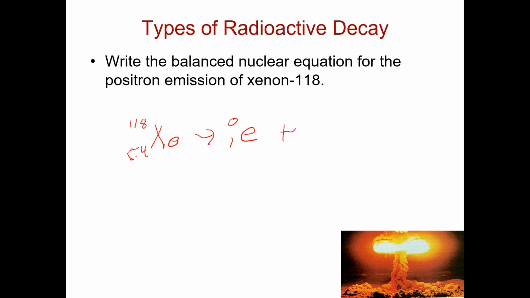So if we do 54 minus 1, that's an atomic number of 53, and we have a mass number of 118. If you look on the periodic table, the element that has an atomic number of 53 is iodine.